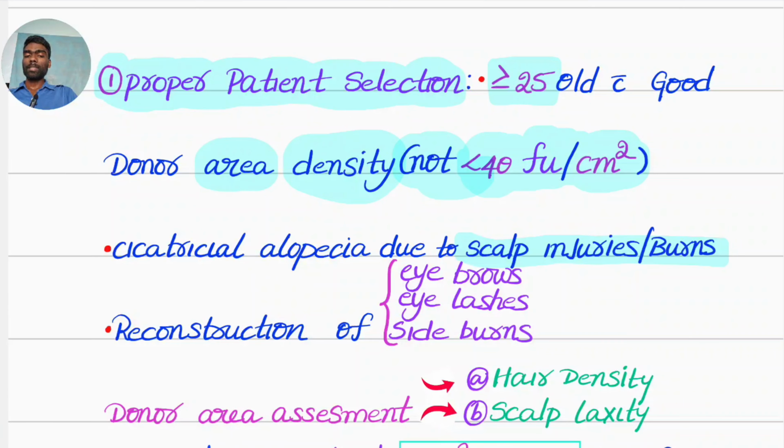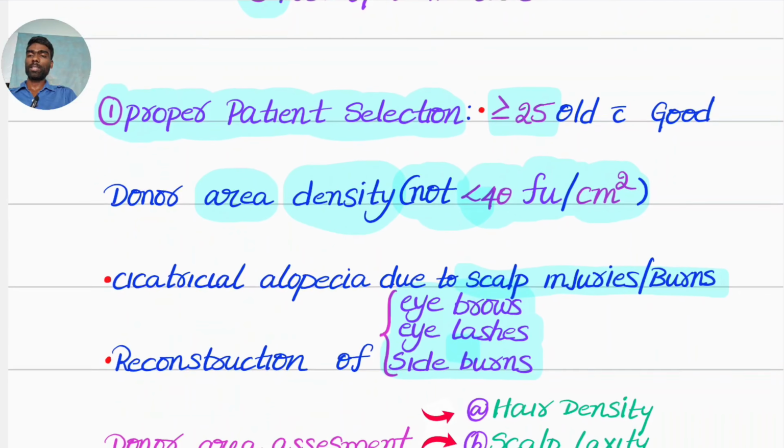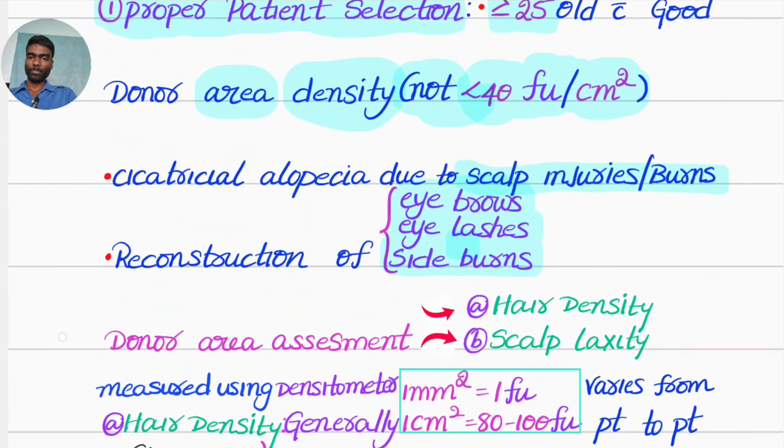Then reconstruction of eyebrows, eyelashes and sideburns. Sideburns means damage to the hair present in front of the ears, this hair. For reconstruction of those hair also, we can select patients for hair transplantation.